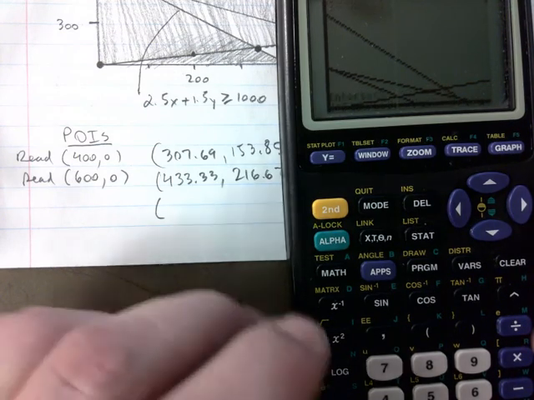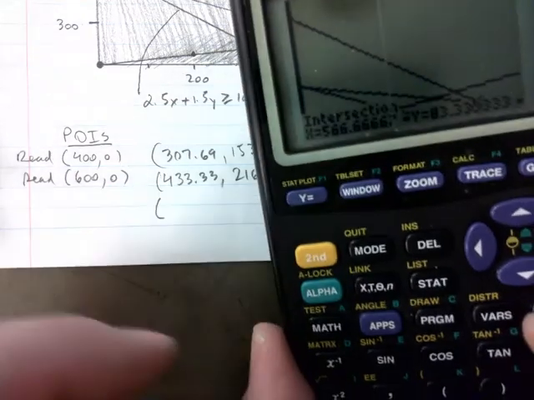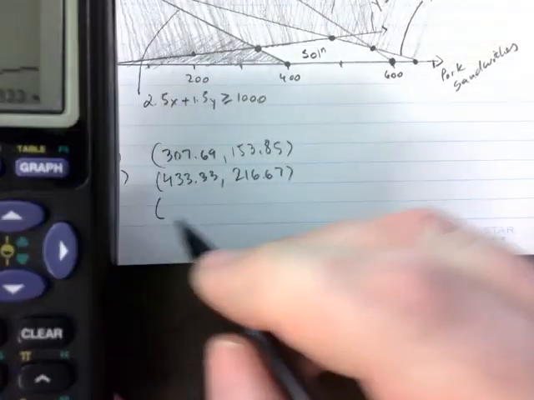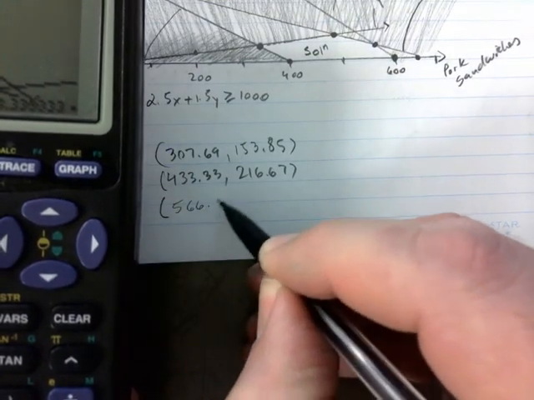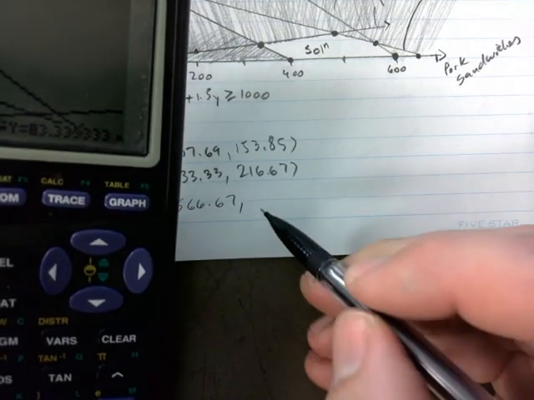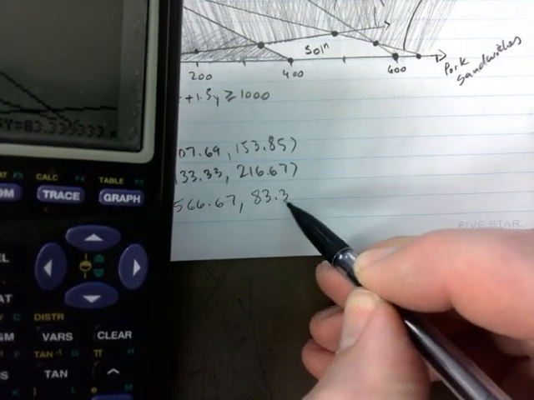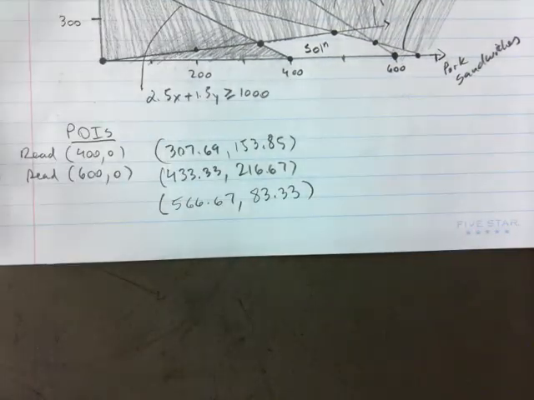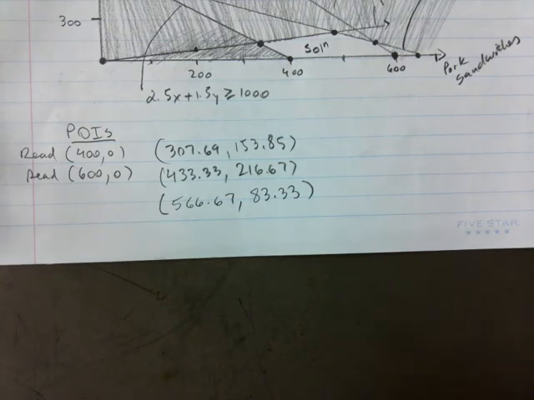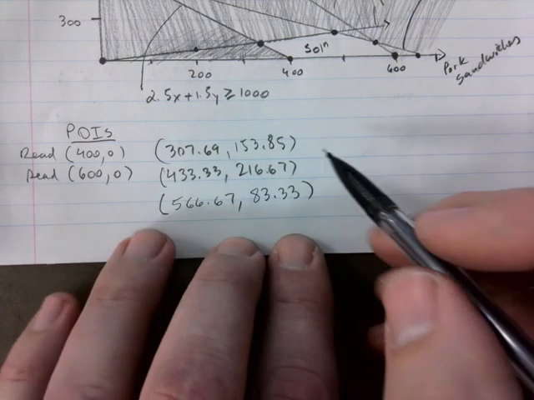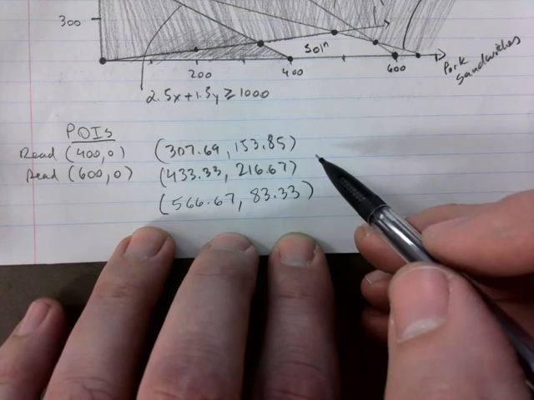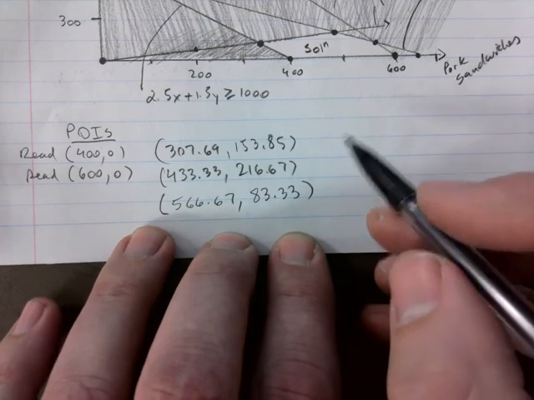Enter, enter. So that's 566.67, 83.33. So if you're right now just writing this down, I encourage you to try that at home.